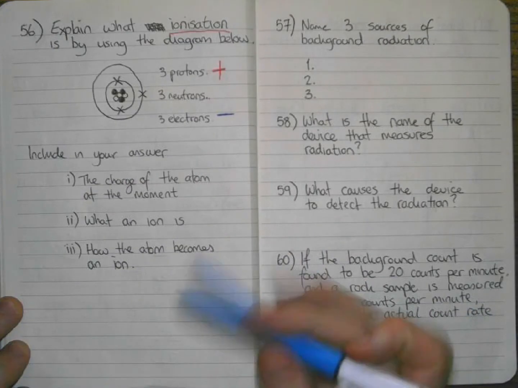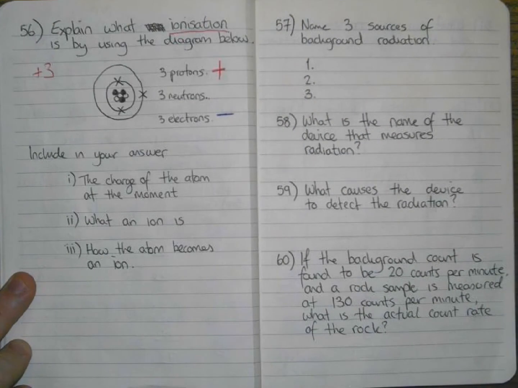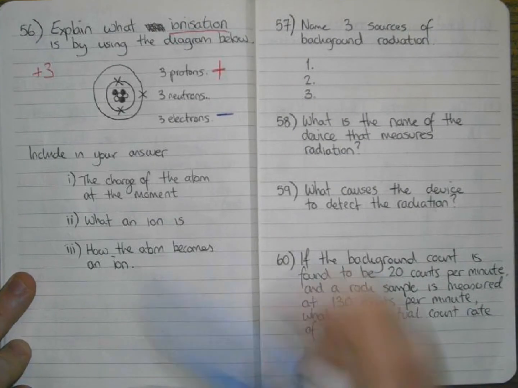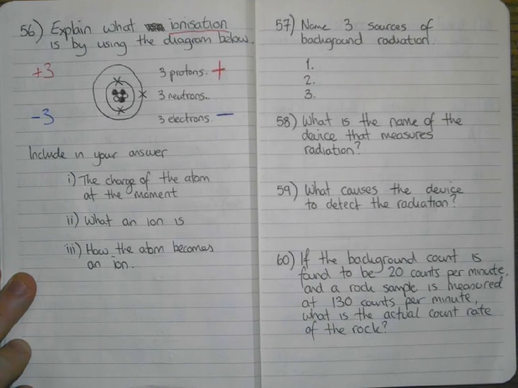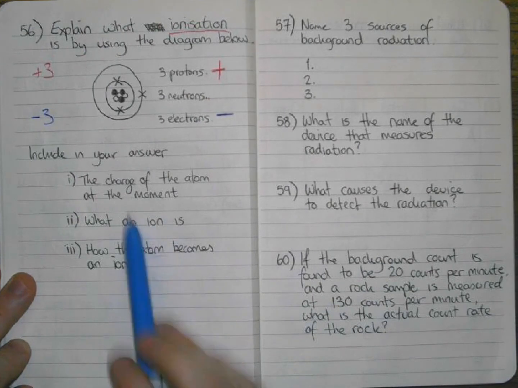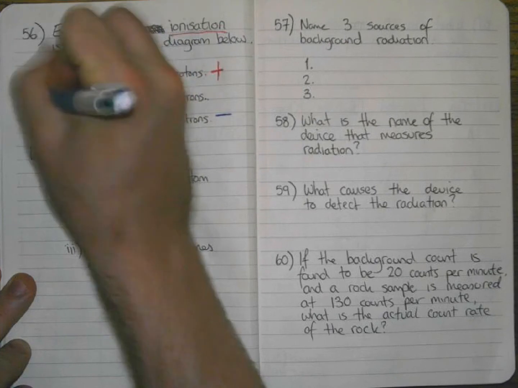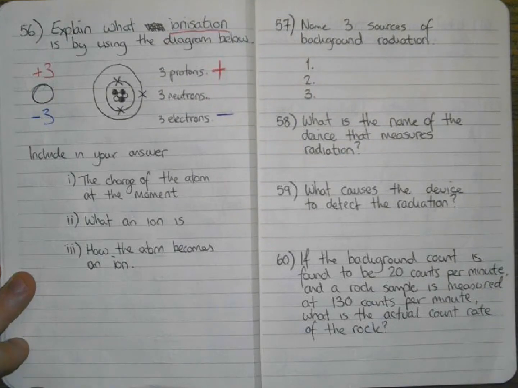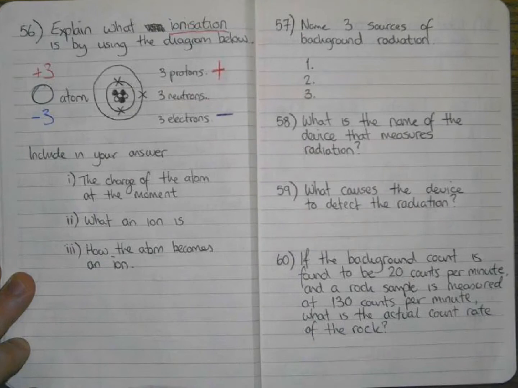So that means we've got a +3 charge from the protons and a -3 charge from the electrons. So what is the overall charge of the atom at the moment? 0. And that is what we call an atom.